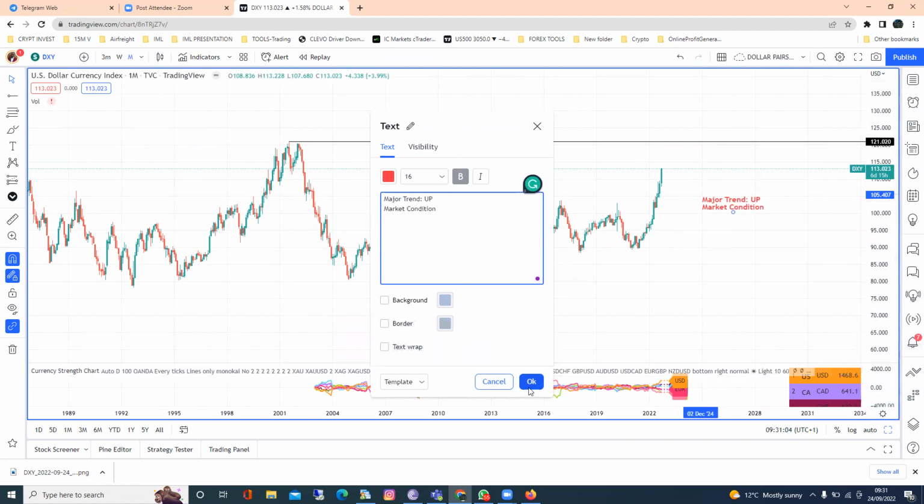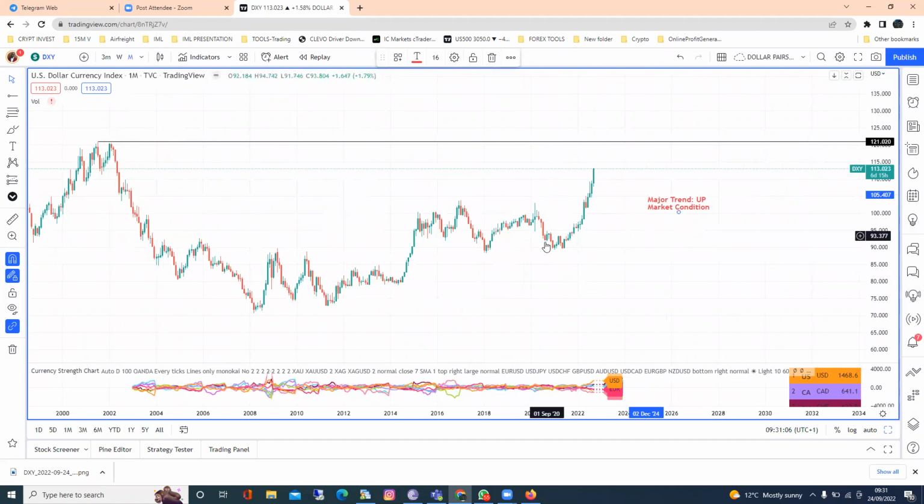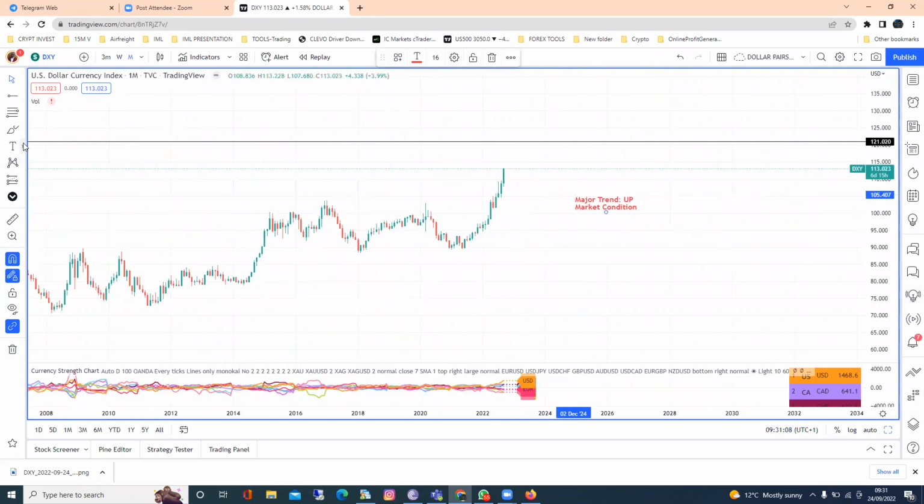That market condition can be a situation whereby when you look at the price in this region, the price is neither going up nor down. That is a market condition.